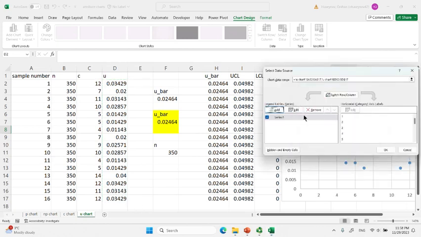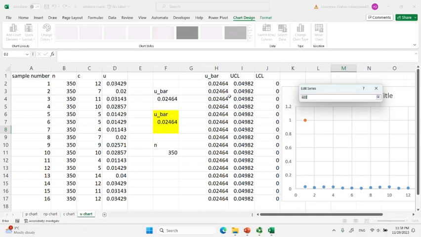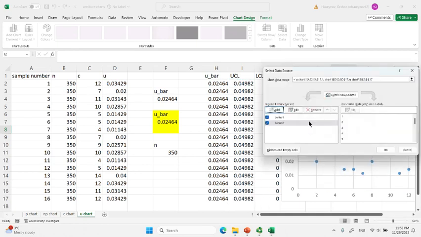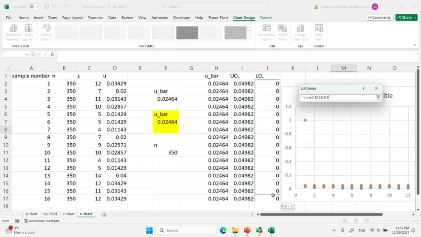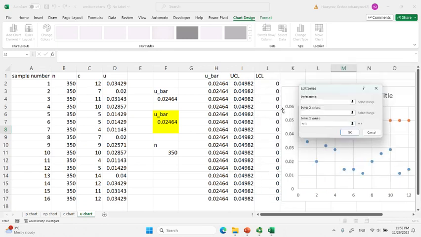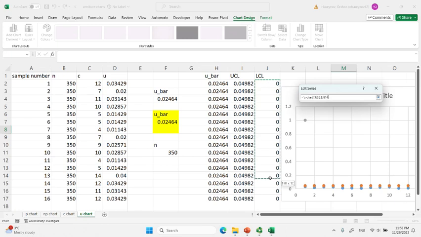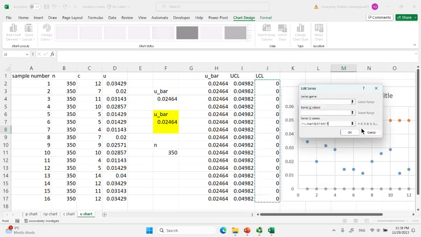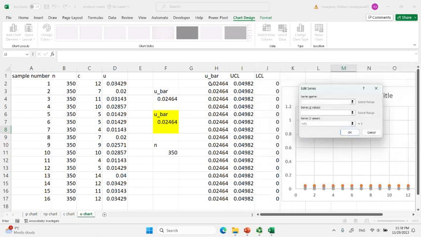Then I will add my upper control limit, my lower control limit, and my center line, the u bar value.